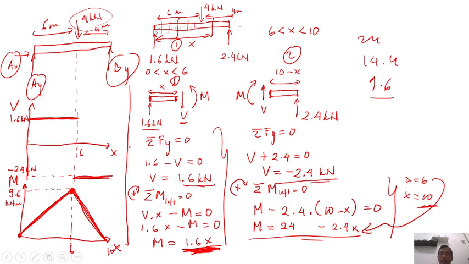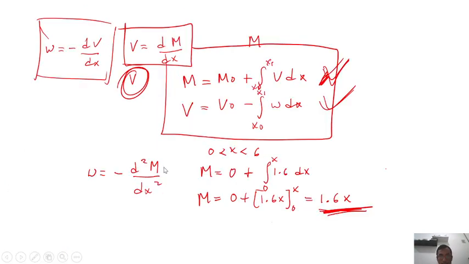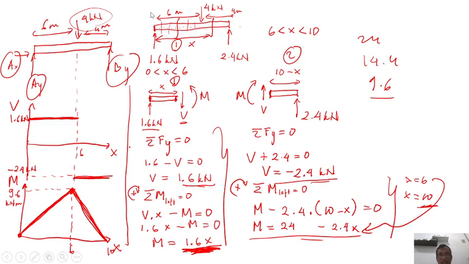So your m0 will be 0 here. If there is an external moment on the left edge here, your m0 will not be 0. It will be the same value as the external moment there.